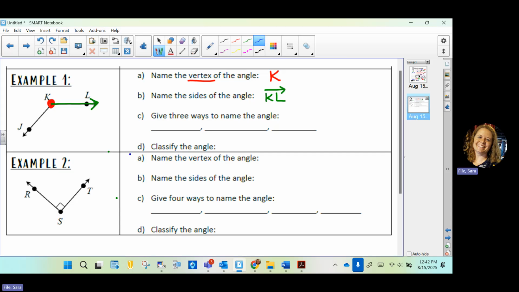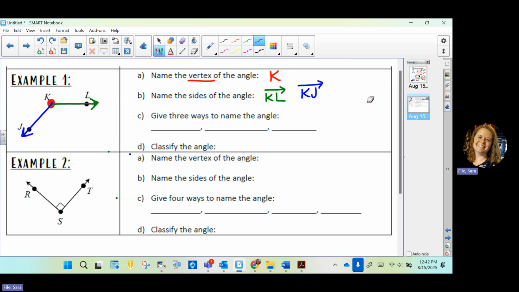Okay, so what is the name of this other ray, the one that goes through point J? KJ. I cannot flip that. I cannot say JK. I cannot say LK. Those are not the names of the rays. The rays have to start with the K in this image. So K is the vertex, ray KL and ray KJ are the sides.